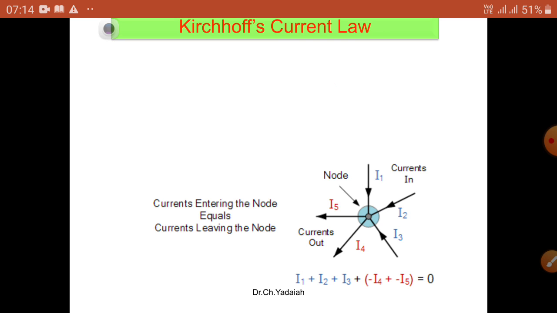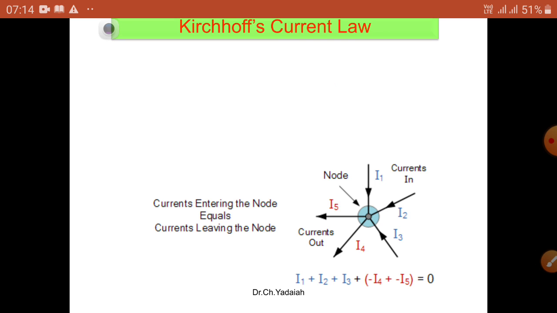Kirchhoff current law can be used at junctions, nodes, as we discussed previously, whereas Kirchhoff voltage law, or mesh law, can be used in meshes, in closed loops.